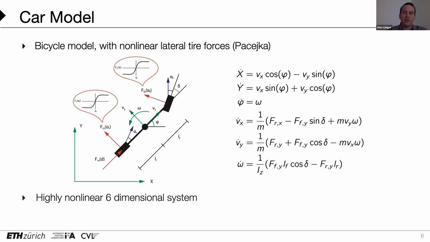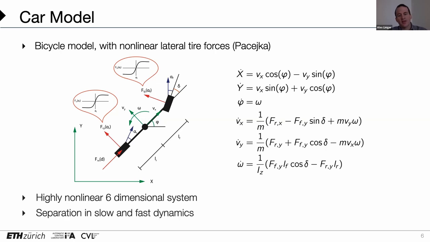And all of that defines how the velocities of our car change. And then given the velocities, we can integrate them and get out the position and orientation of the car. So what we end up with is a highly nonlinear 6-dimensional system.